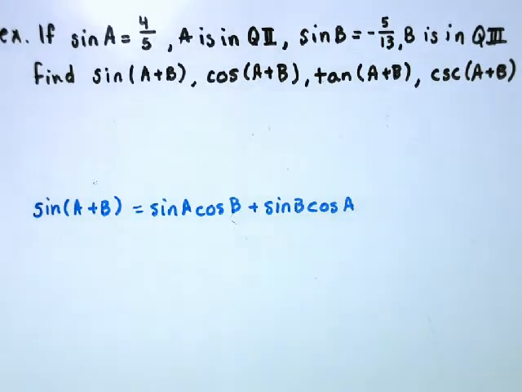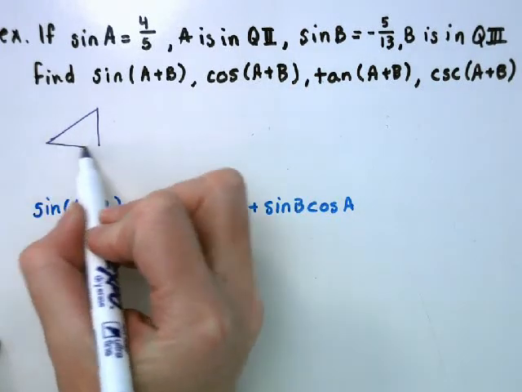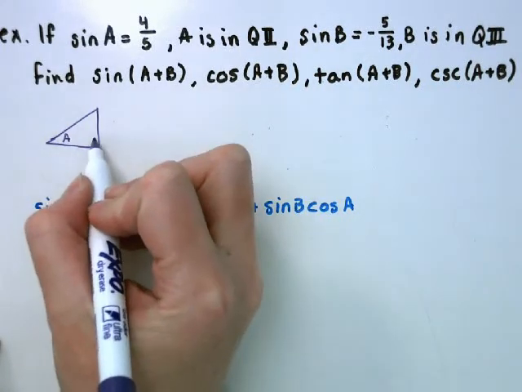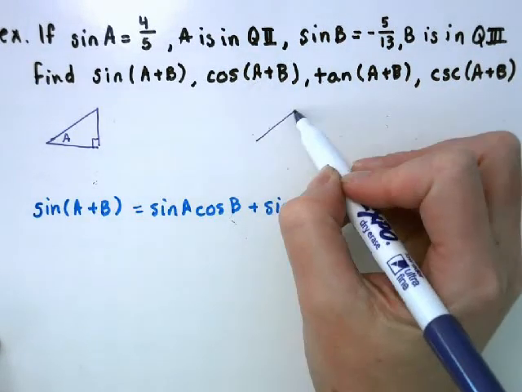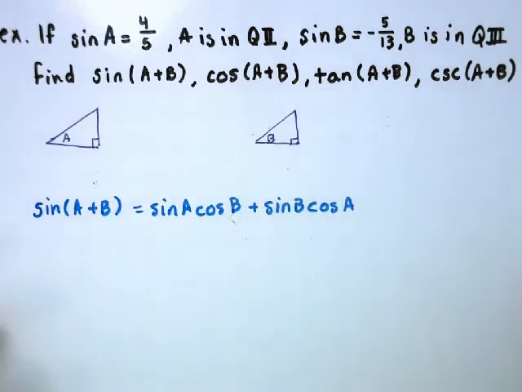So I'm going to draw a triangle for A, and I'm going to draw a triangle for B. I don't know what they are, they're just angles.